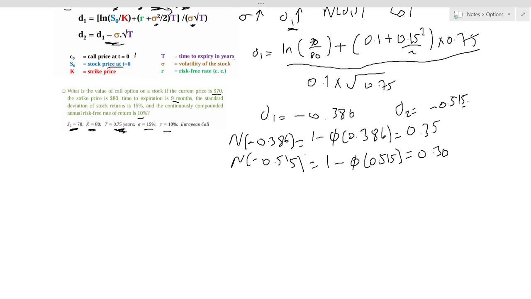Now we just need to apply the formula. It is very easy.